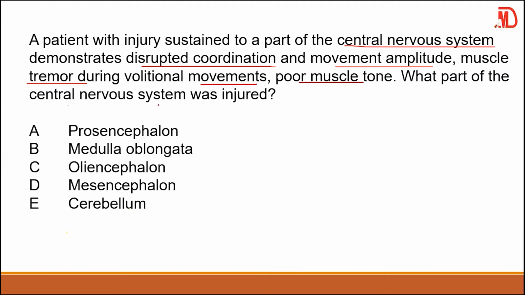What part of the central nervous system was injured? Guys, coordination, we talked about it the last time. Posture and coordination is controlled by what part of the brain? Medulla, cerebrum. Cerebellum. We talked about them.